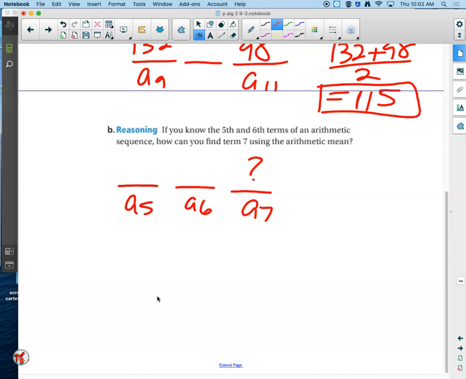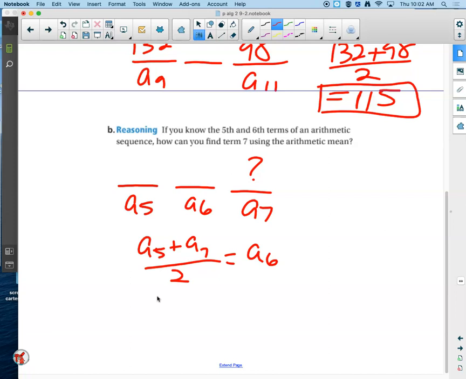Well, it's set up so that we're supposed to find everything. So if we're using the arithmetic mean, we know we'd have to take a sub 5 plus a sub 7 and divide it by 2 to get a sub 6. But here's what they're saying. You already know a sub 6 and you already know a sub 5. What you really want is a sub 7.